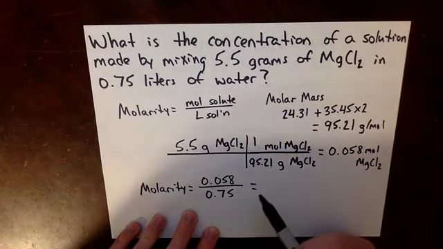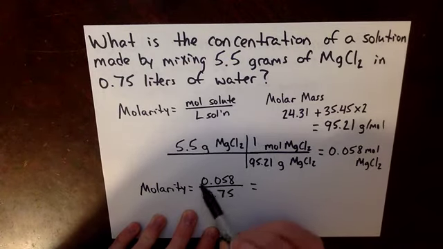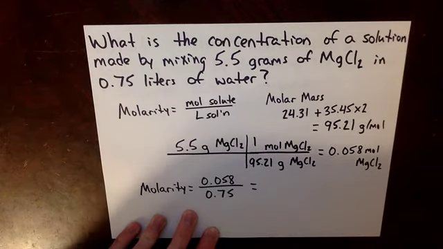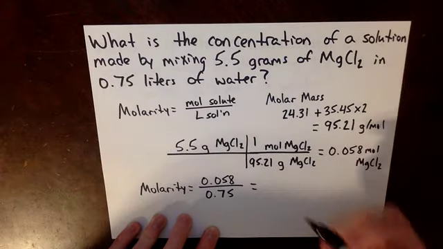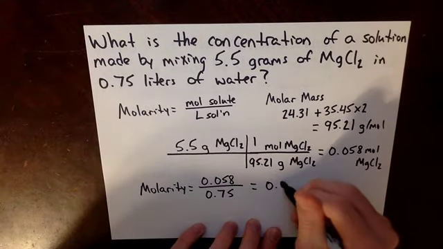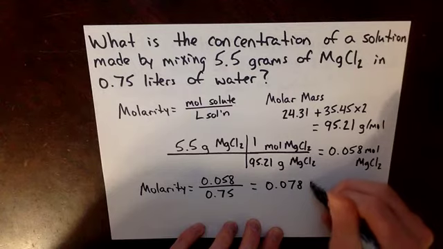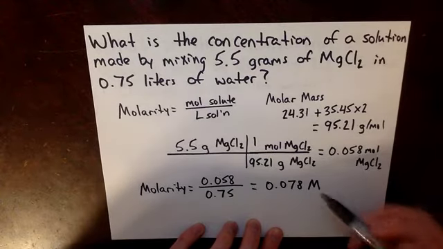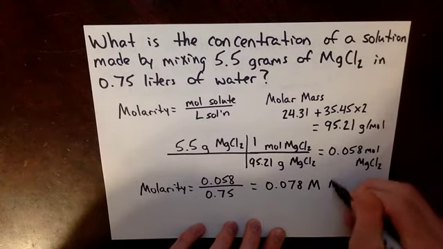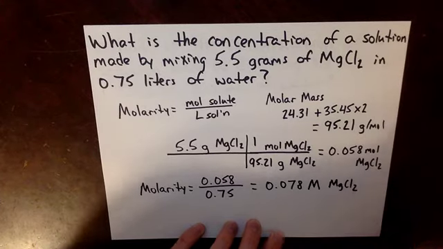Okay, so to find our concentration or our molarity, we'll just take our moles, divide it by 0.75, and it turns out this is a 0.078 molar, capital M, solution of MgCl2.